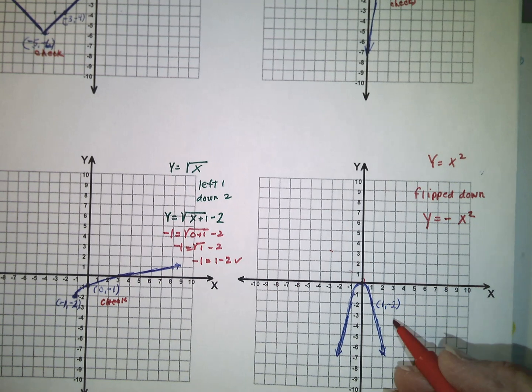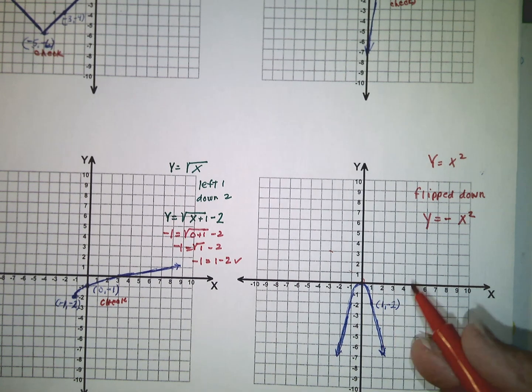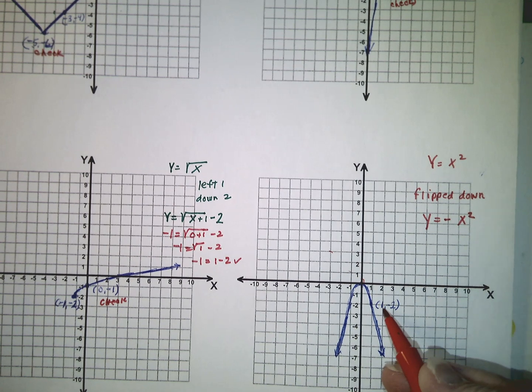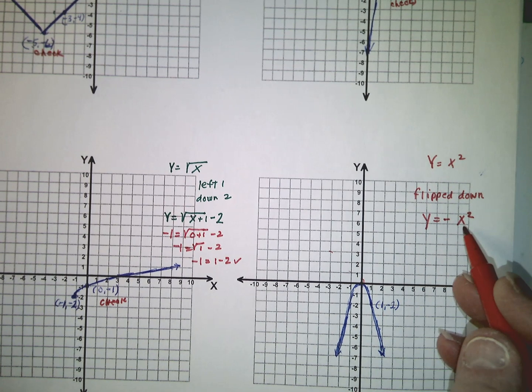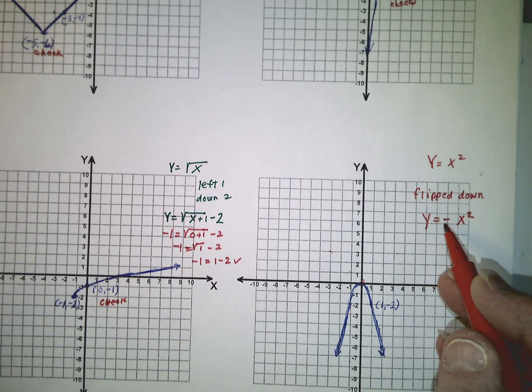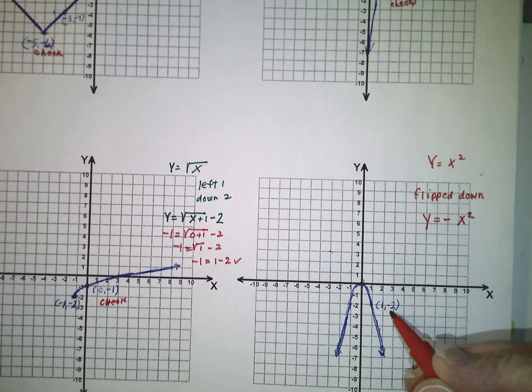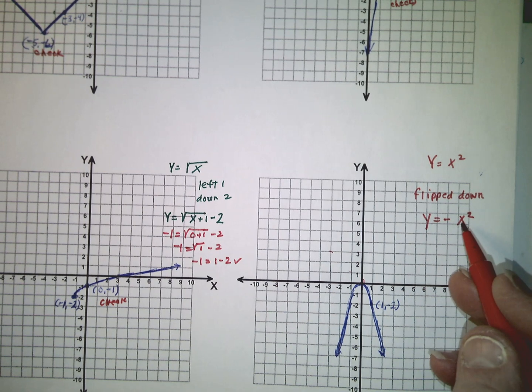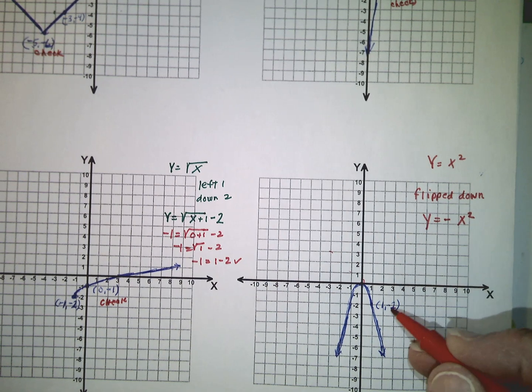And we should check it out. I don't want to use the 0 because that's kind of like cheating. If we put a 1 in for x, square it, take its opposite, do we get negative 2? No, we don't. If you put a 1 in for x and square it, take its opposite, we get negative 1, not negative 2.